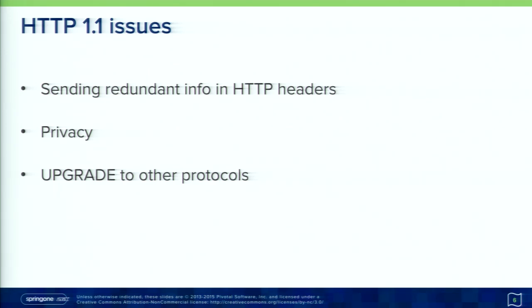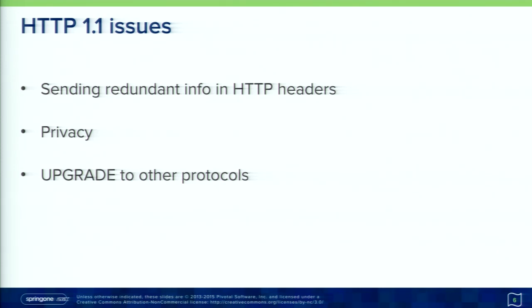Also, if you're familiar with other protocols that you can negotiate on top of HTTP 1.1, like WebSockets, you know that it's often not easy to go that route using the HTTP 1.1 upgrade, because a lot of software and network appliances rely on port 80 being HTTP clear text, and that's it.